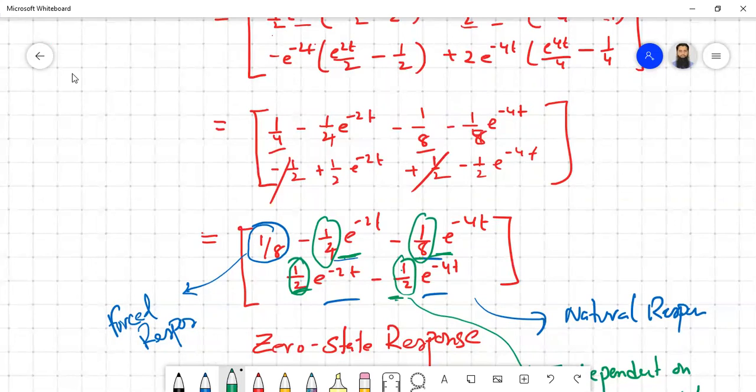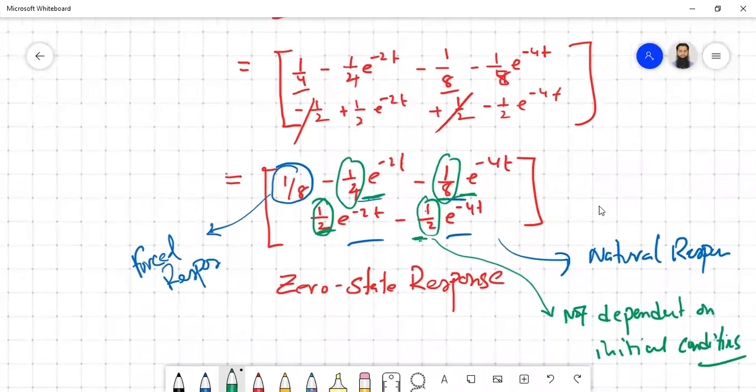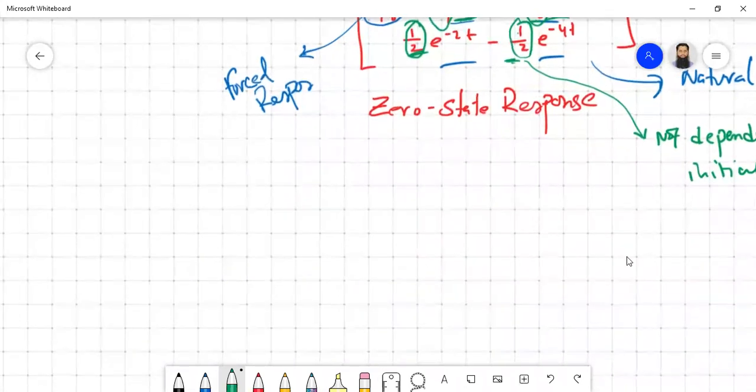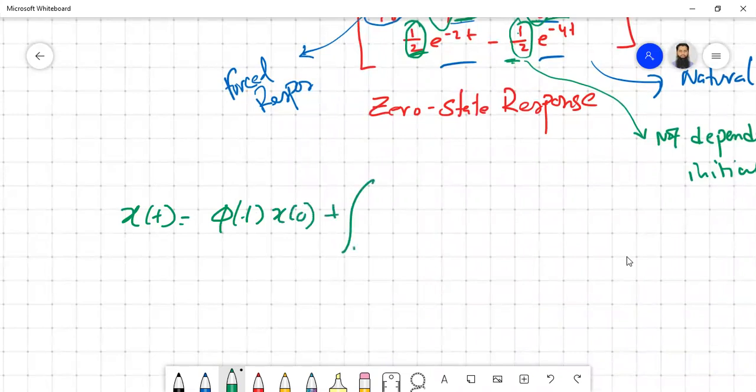Okay, so if you now just sum those two matrices, then eventually we'll have our solution of the state matrix, that is x(t) equal to phi(t) x(0) plus the integral from 0 to t of phi(t minus tau) B u(tau) d tau.